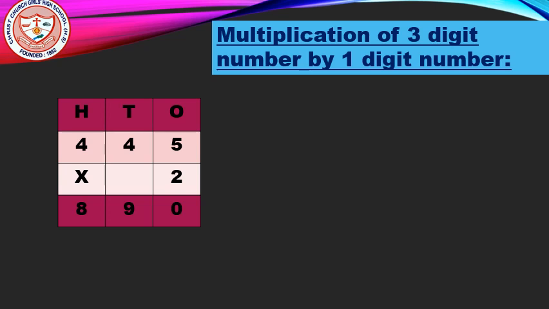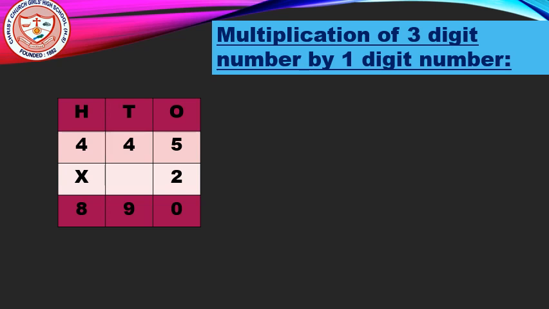So 2 5s are 10. We are going to write 0 over here and 1 is carried to the next column. Then 2 fours are 8 plus 1 carried. So 8 plus 1, 9. We are going to write 9 in tens place.